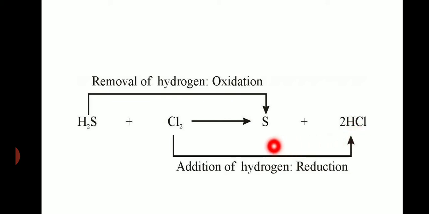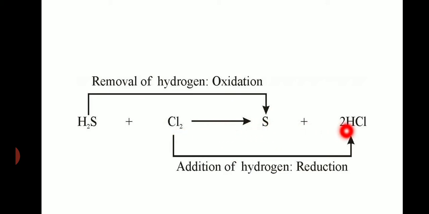So what is happening here? Chlorine is alone in the reactant part. In the product part, hydrogen is added up. So there is an addition of hydrogen. What is addition of hydrogen? It is reduction. Either the addition of hydrogen or removal of oxygen.